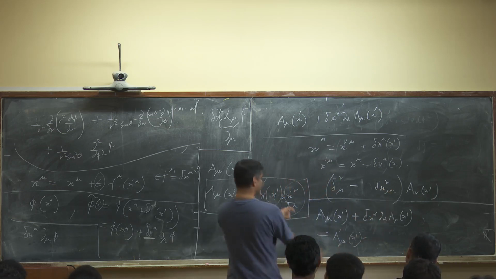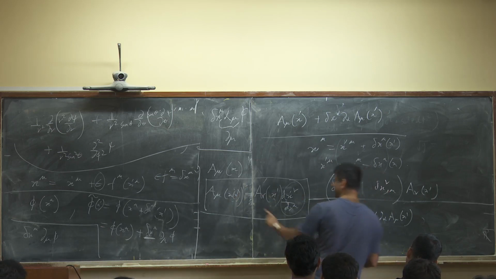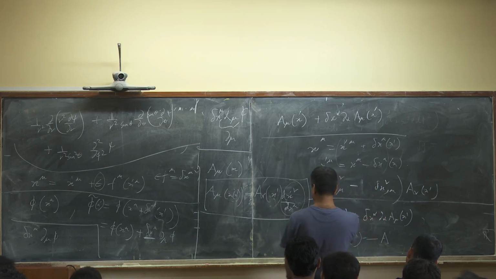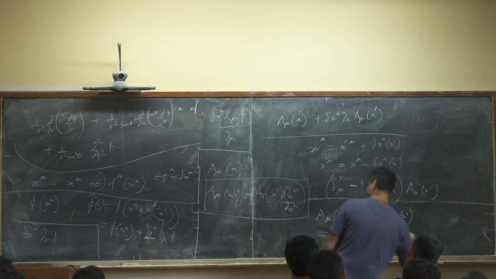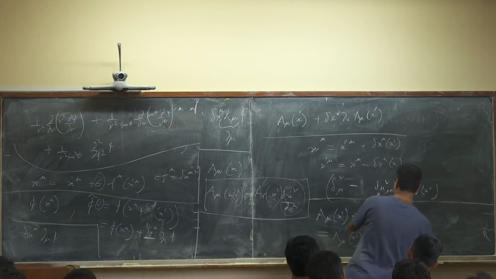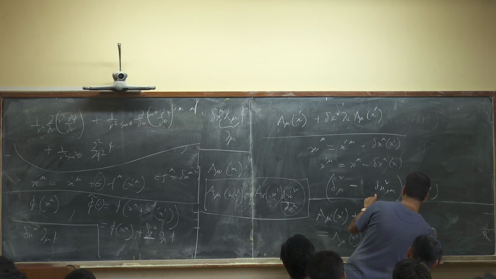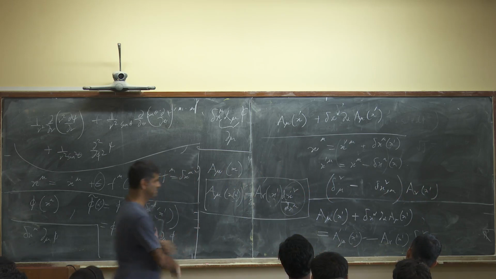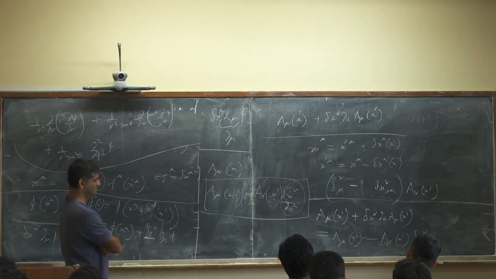Okay, so the second thing it contracts with is minus a nu of x prime delta x nu comma mu. Is this clear?